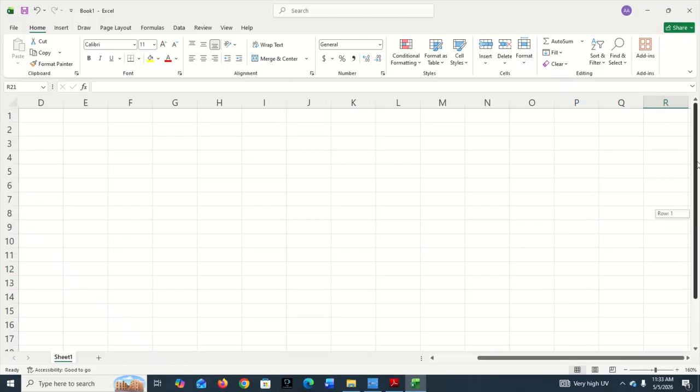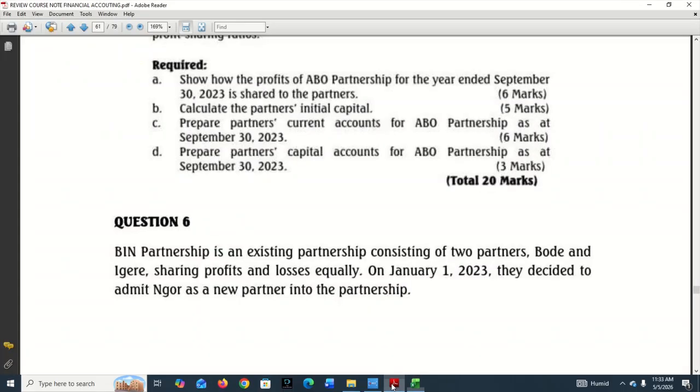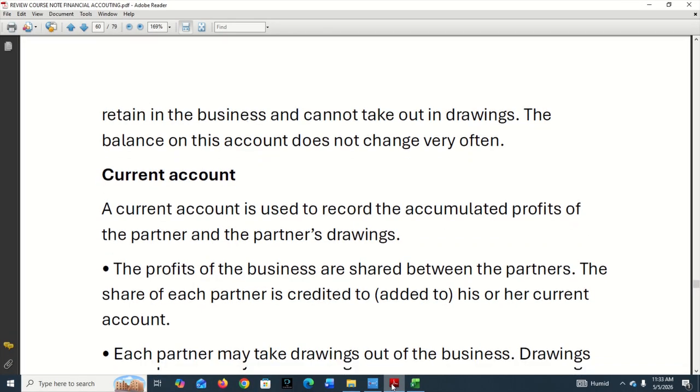The first thing is to calculate the share of profit. How do we share the profit? The first part of the question, let's calculate their share of profit. Let me explain how we treat that share of profit. The first thing we start with is how much is the profit figure reported in the question.